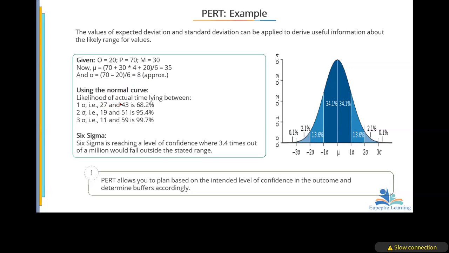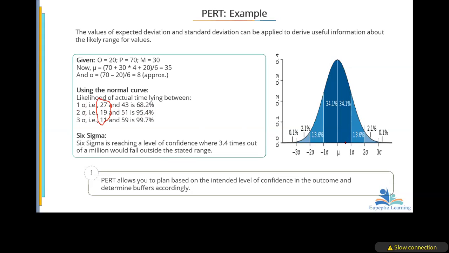Basically, the normal distribution applies regardless of the values here. Whatever data you have, if it follows the normal distribution, then 68.2% represents the area under 1 standard deviation, and 95.4% is the area under 2 standard deviations.